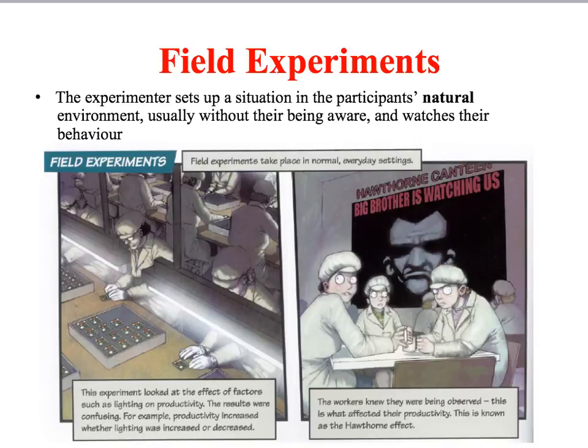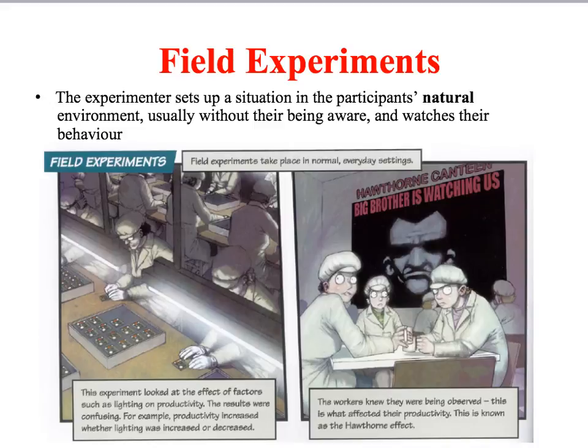So normally in a field experiment, the researcher will seek to change a particular aspect of their participants' natural environment in order to measure the effect. However, if the participants are aware that their behaviour is being studied, this may obviously alter their behaviour. And this is what you can see in the cartoon on this particular screen.